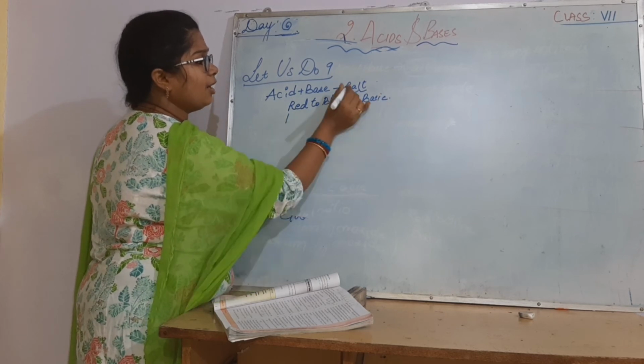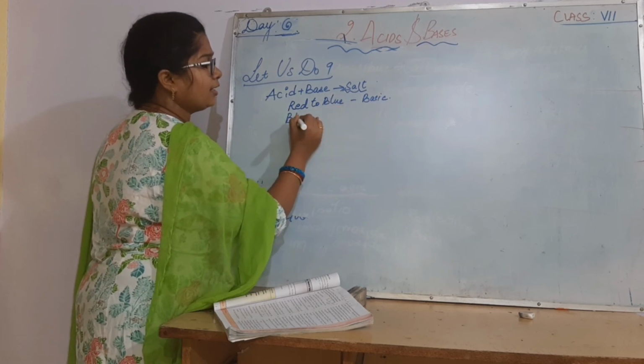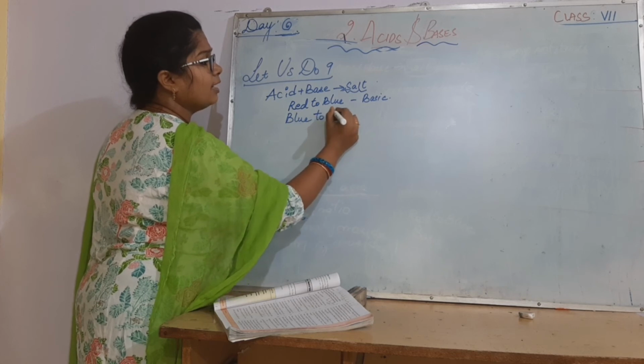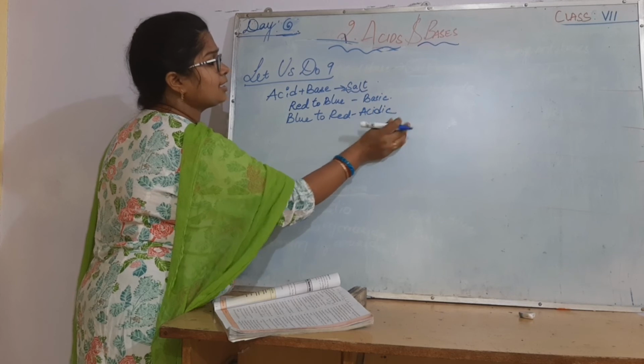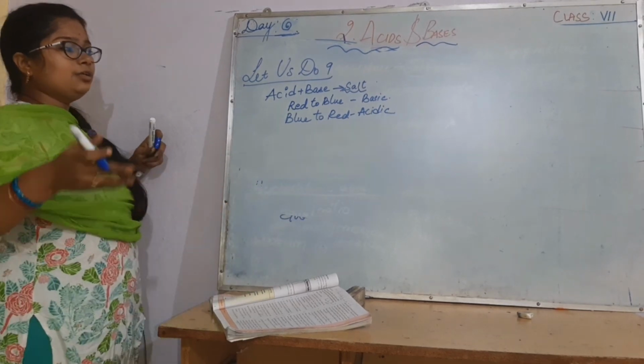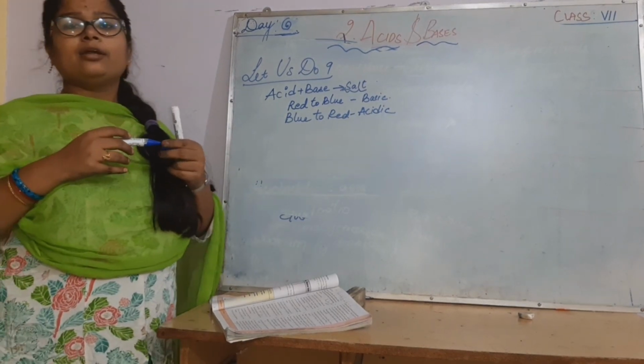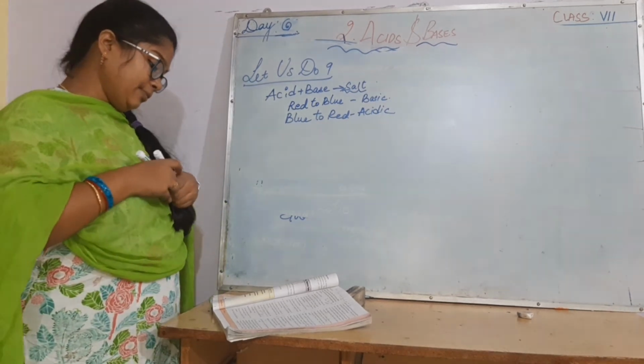And if this salt turns blue to red, it is said to be an acidic salt. And some salts do not show any changes also, it is called neutral salts.